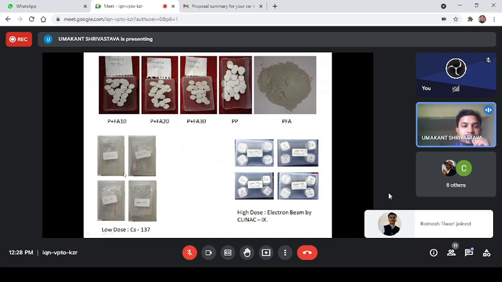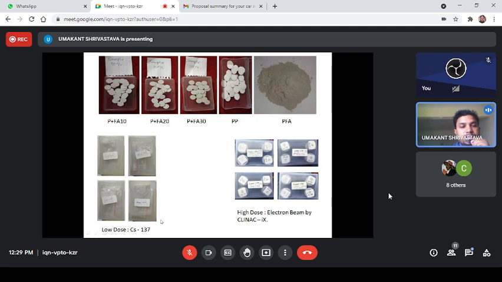Initially they have been exposed to a low dose of cesium 137 exposure, from 1000 mR, 2000 mR, 3000 mR to 4000 mR, and at high dose electron beam by Clinac 6 DX, they have been exposed to 1000 cGy, 5000 cGy, 10,000 cGy, and 20,000 cGy.